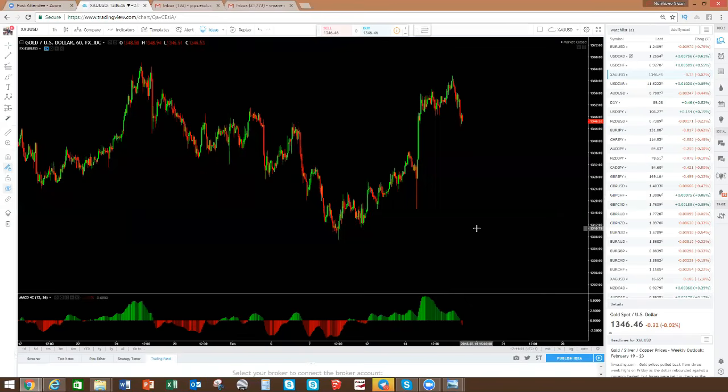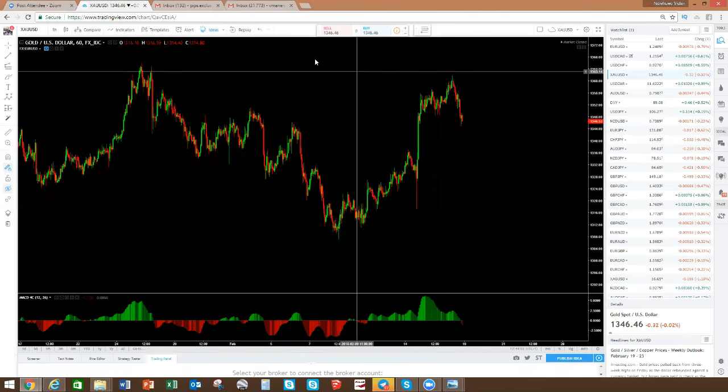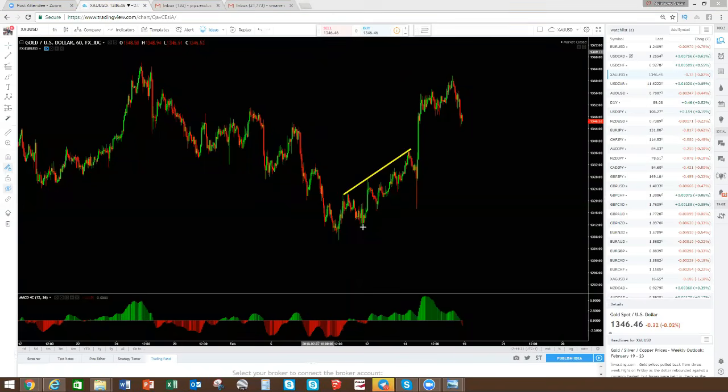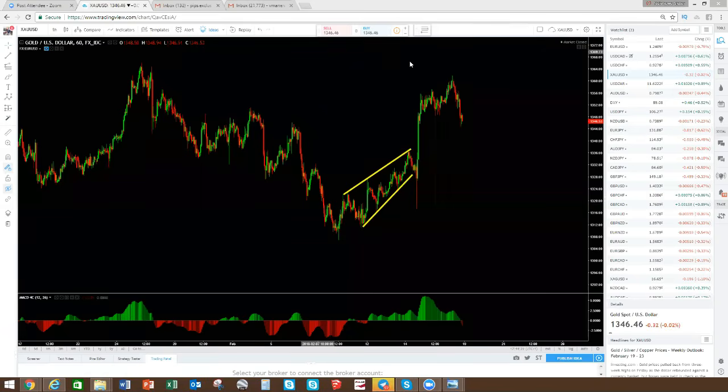Yes, it could be a bigger flat correction on the daily, Anthony. Yes. All right, so let's look at this diagonal. You see here, this is a textbook example of a leading diagonal within wave A. If you look at this here, let's put in some numbers. That's 1, that's 2, that's 3, that's 4, that's 5.